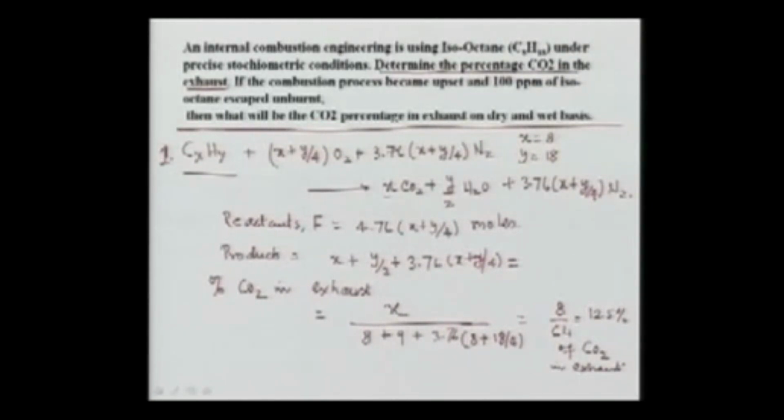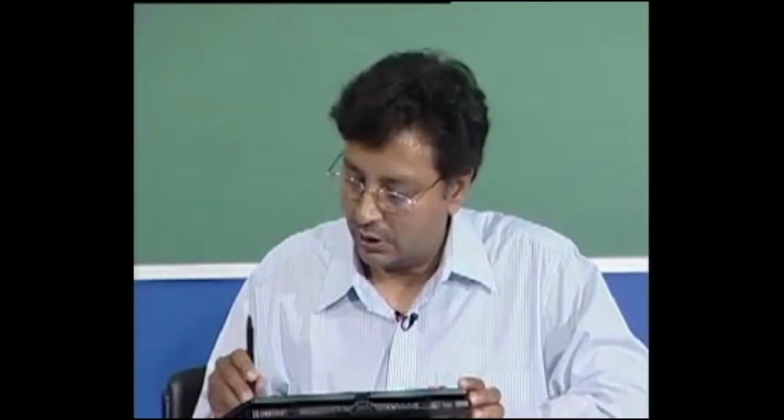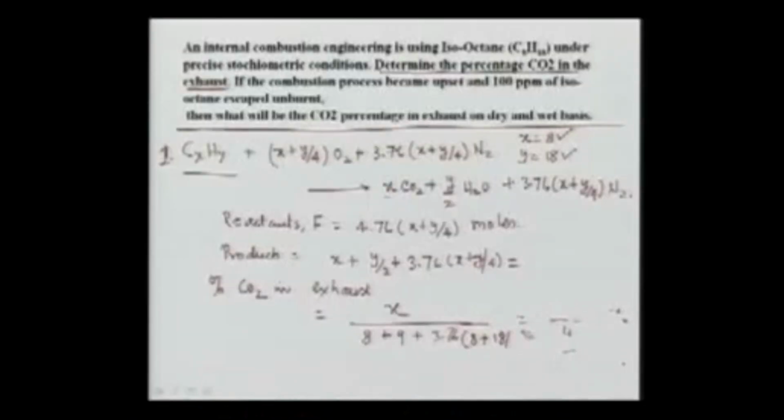X equals 8, y equals 18, so the moles in the exhaust of CO2 is x divided by the total moles, that is 8 by 64, which gives you 12.5%. And this is what generally you will find, that the CO2 concentration is generally around 12% in a normal combustion process. Well, it can vary, but that's the general value.